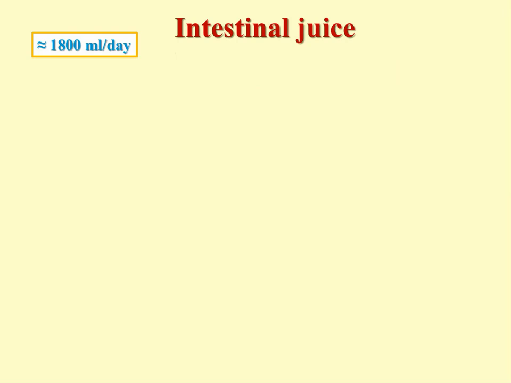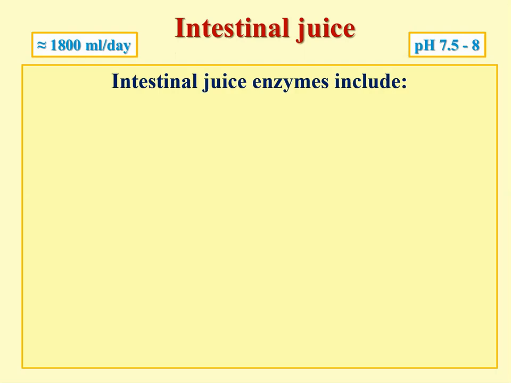Intestinal juice. It's formed about 1,800 milliliters daily, and the pH of this juice is between 7.5 and 8 units. Intestinal juice also contains numerous enzymes, but generally they need not digest large food molecules, because by the pancreatic juice and even preliminary digestion by pepsin in the stomach, we already have smaller particles to be digested.